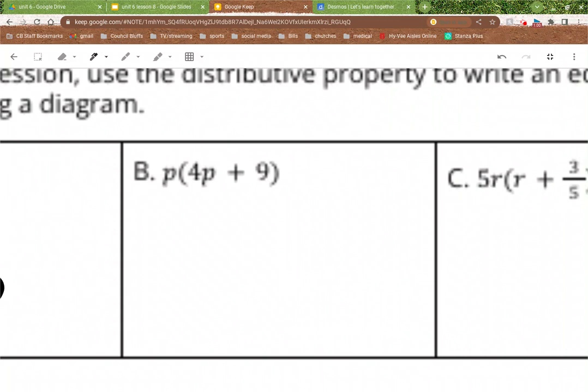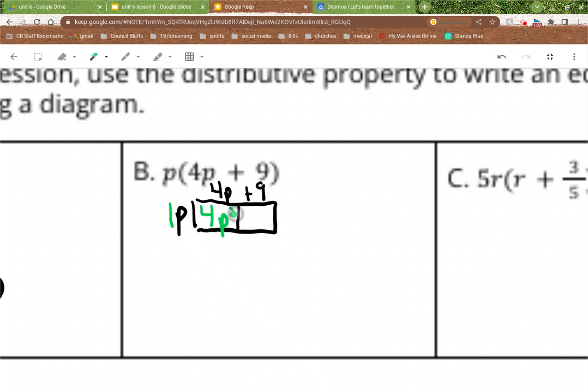For B, we're going to do the same thing. So I'm going to do a diagram. I'm going to draw a box. So this is going to be P, and this is going to be 4P plus 9. If I think of this as 1P, then 1 times 4 is 4, and P times P, anything times itself, is squared.